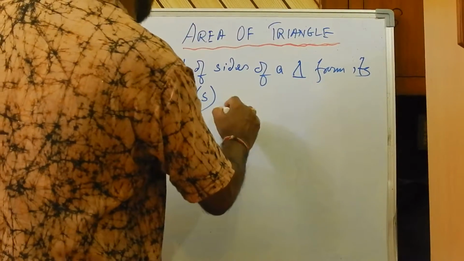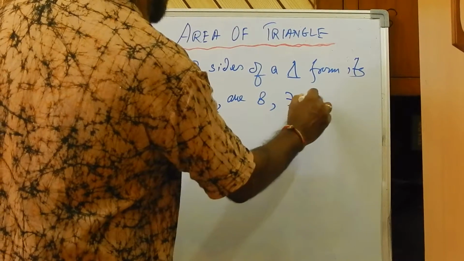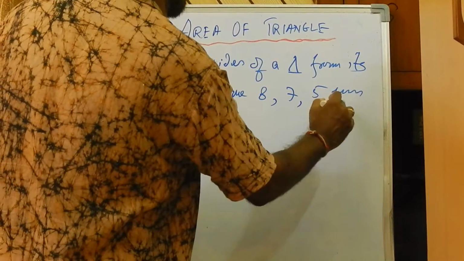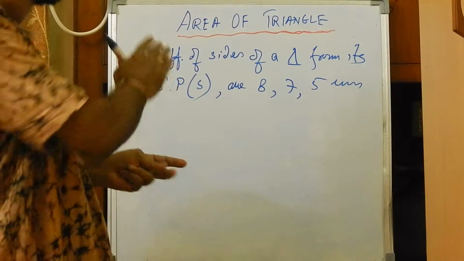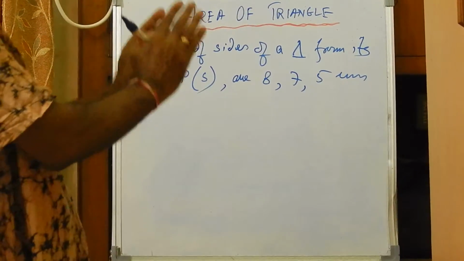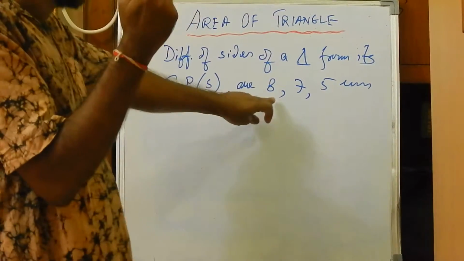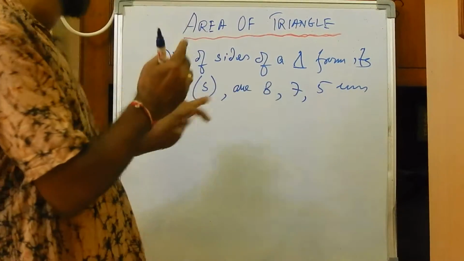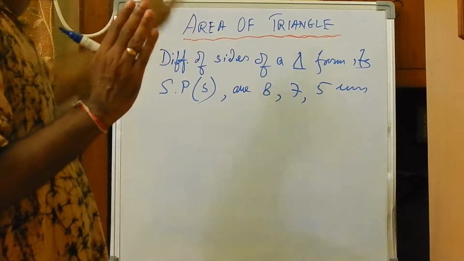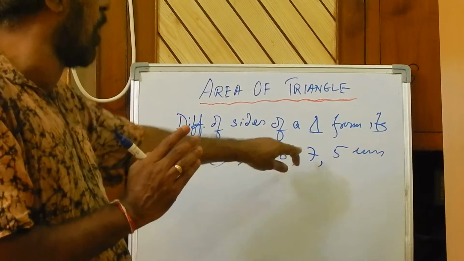Sides of a triangle are 8, 7 and 5 cm respectively. So what is the sum? The differences of the sides of a triangle from its semi-perimeter are 8, 7 and 5. Suppose the semi-perimeter is 16 and one of the sides is 8, then the difference is 8, like that.